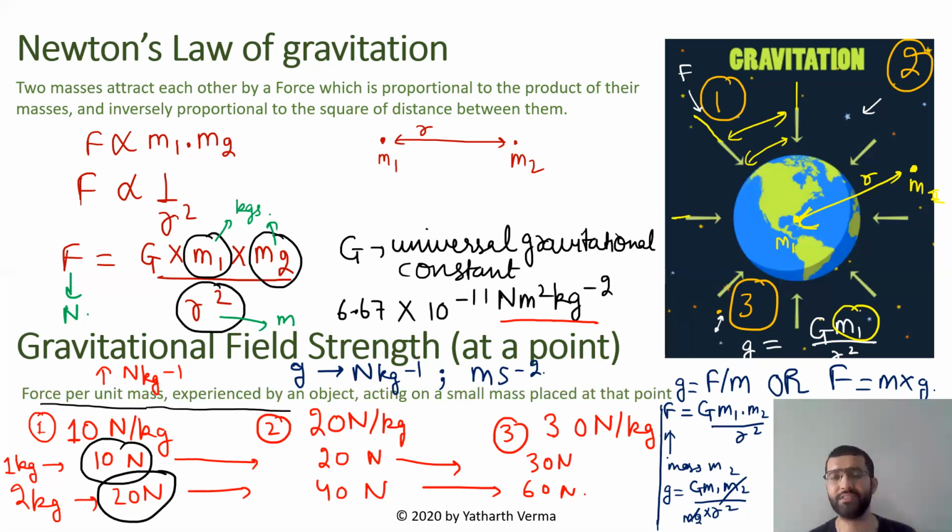The Earth's pull on us will reduce when we go into space. That's why in movies it's shown that astronauts or things float, because the Earth's gravitational pull is very less. As we go away from the object, its field strength reduces, which is also clear from the formula. g is inversely proportional to R square. So when you go away, g is decreasing. The force per unit mass is decreasing.